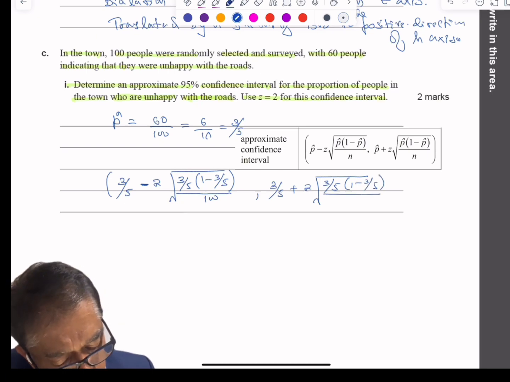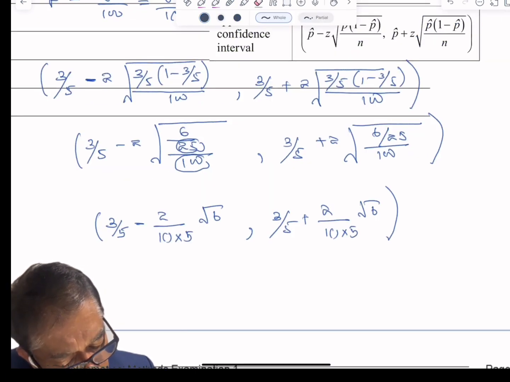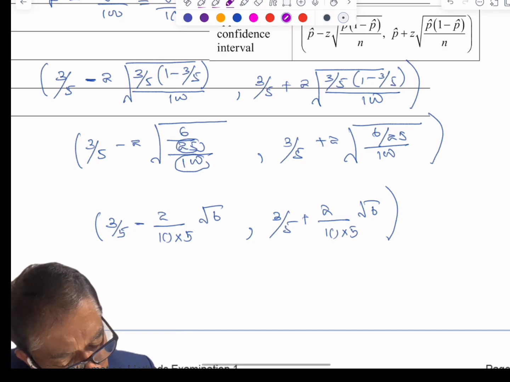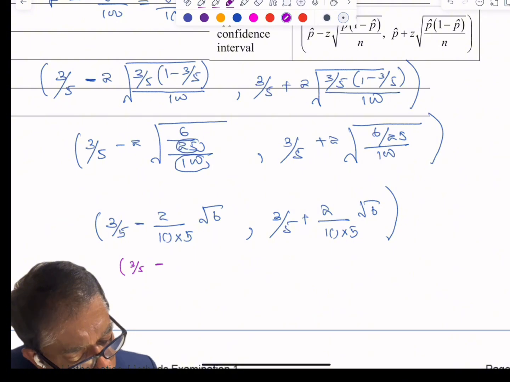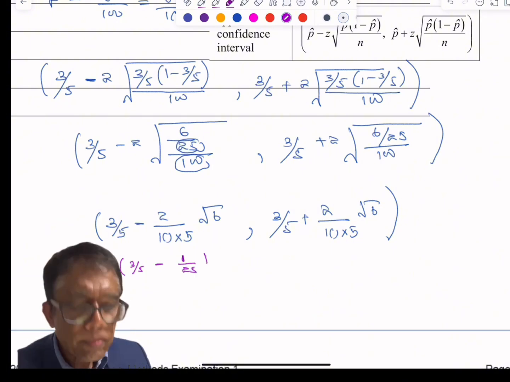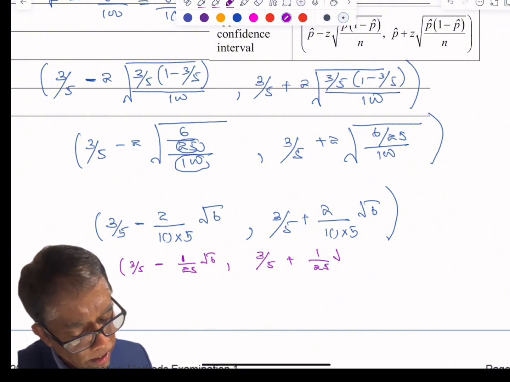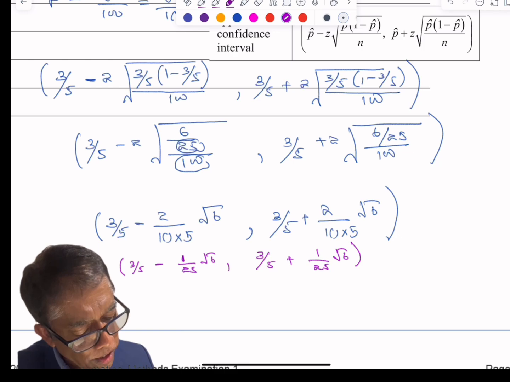Okay, now we have to simplify. 3 over 5 minus 2 times the square root of 6 over 25 over 100, comma, 3 over 5 plus 2 times the square root of 6 over 25 over 100. We can simplify it: 3 over 5 minus 1 over 25 square root of 6, comma, 3 over 5 plus 1 over 25 square root of 6.